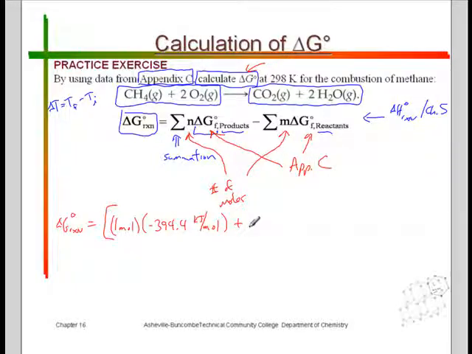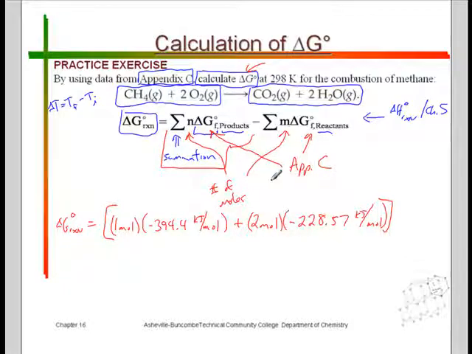Summation tells me that I have to add the contribution of carbon dioxide and then also the 2 moles of water. If I look at the table, the Gibbs free energy of formation is negative 228 kilojoules per mole. I only have 2 products, so that's the end of that portion.